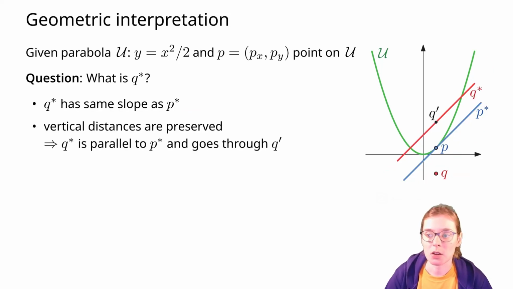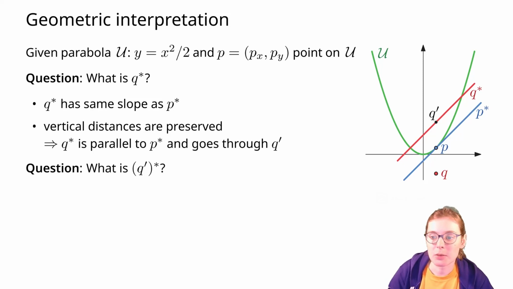Indeed, Q star has the same slope as P star, vertical distances are preserved, and because of the relations between points and lines are swapped in the dual plane, Q star lies above point P.